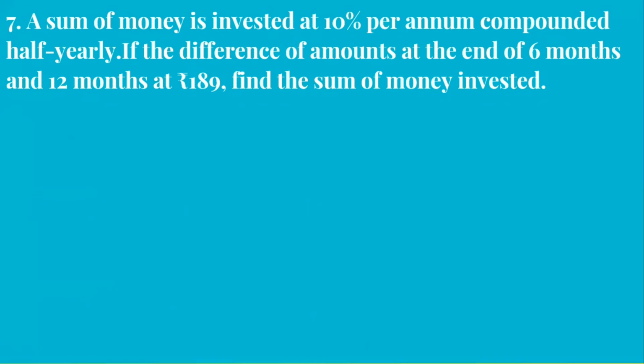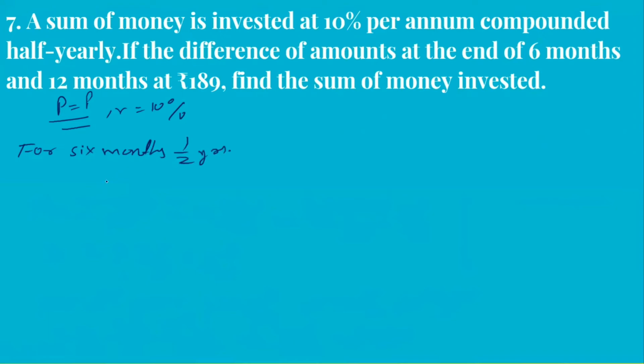Okay, so what we do here, the principal is going to be P. We will write the principal as P. The rate of interest is 10%. So we first find for 6 months, or you can take that as half year.